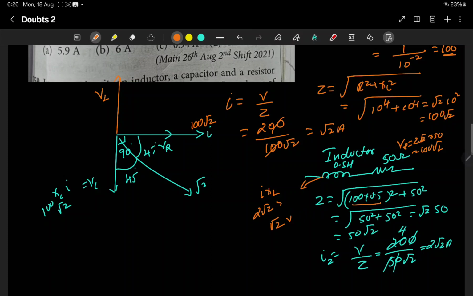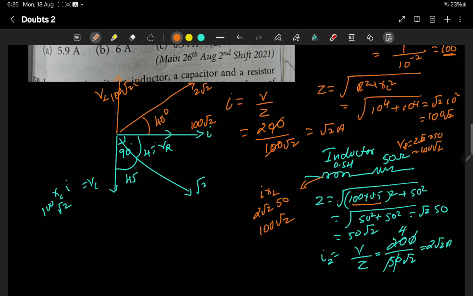It is 50. So here we will get again 100 root 2. So 100 root 2, 100 root 2. Here your resultant will be 2 root 2 ampere. And here the point is, this angle is also 45 degrees. This is what the point is.